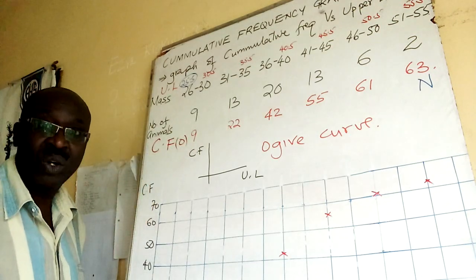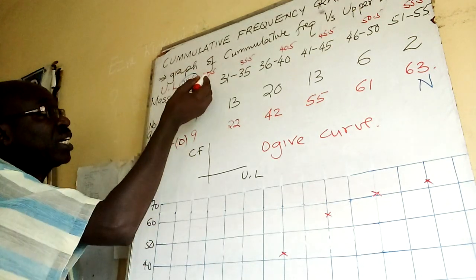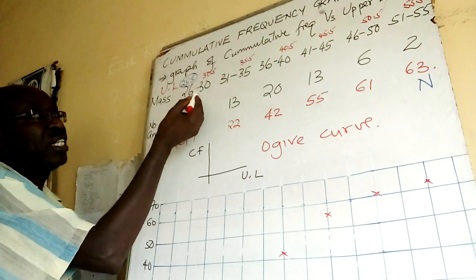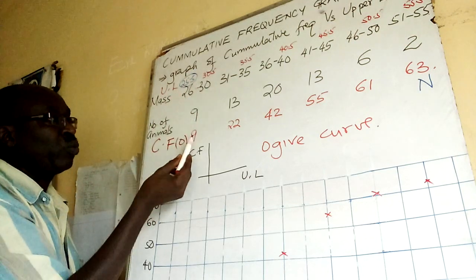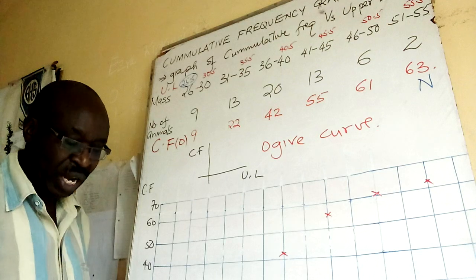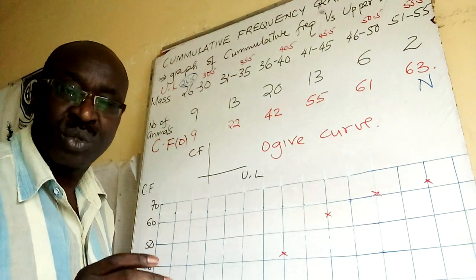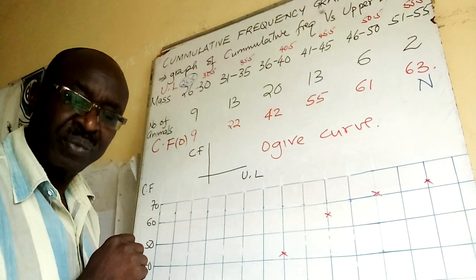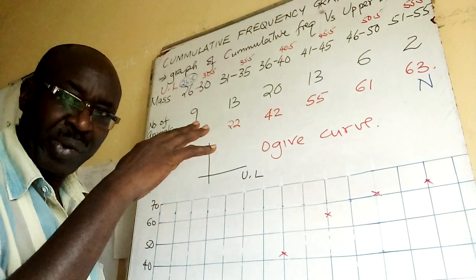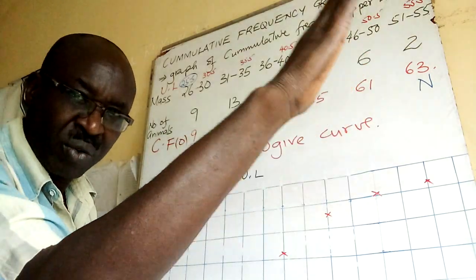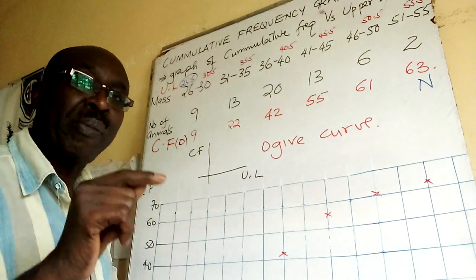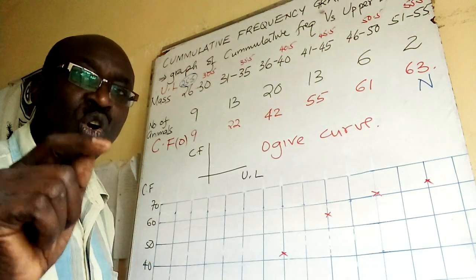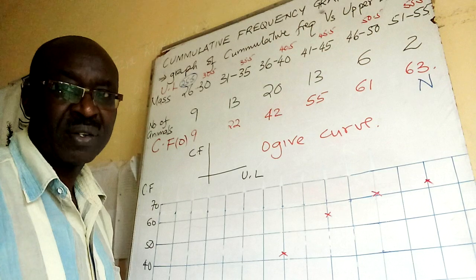So I'll go to 0. Then next is 30.5. That is the upper limit of the first class, which will go against 9. So you must understand here what we are doing, okay? Remember, after getting upper limits, it is very easy. You can go finish upper limits. But your graph starts from the lower limit of the first class.